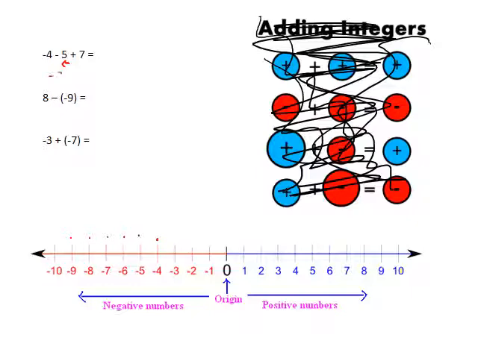So far we're at -9, and then it says to go 7 towards the positive. So we're starting at -9, we're back 1, 2, 3, 4, 5, 6, 7. So our answer is -2. Okay, so this together totaled -9, and then we had to go 7 jumps back towards the positive for -2.